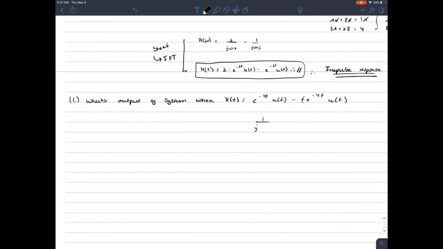I can already tell that this is going to be 1 over (j omega plus 4) minus 1 over (j omega plus 4) squared.